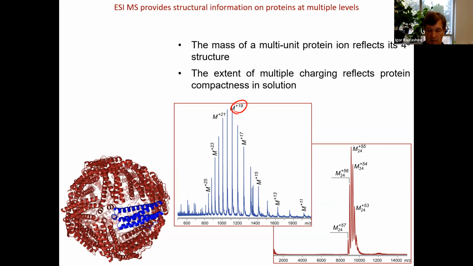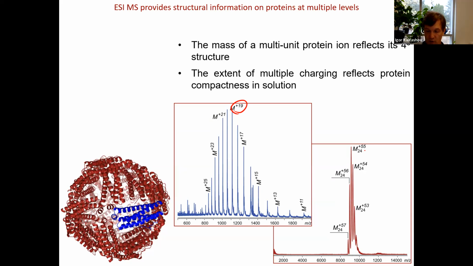So one other thing that I also wanted to highlight here is the extent of the multiple charging. When we looked at the mass spectrum acquired under denaturing conditions, the average number of charges was somewhere between 19 and 20, right? For just one single subunit.